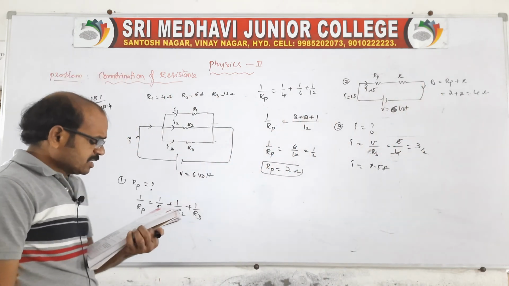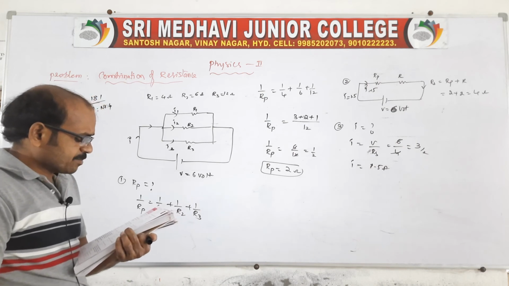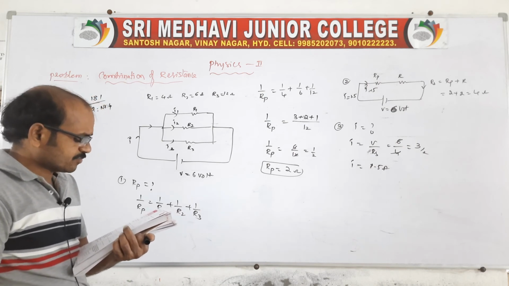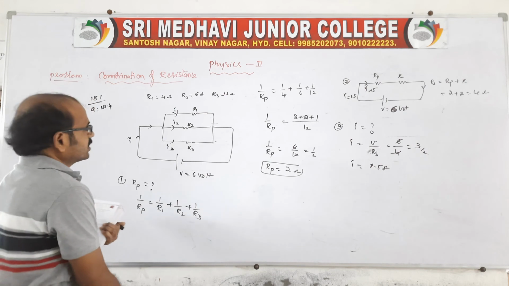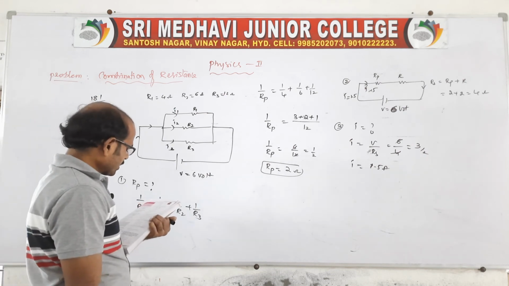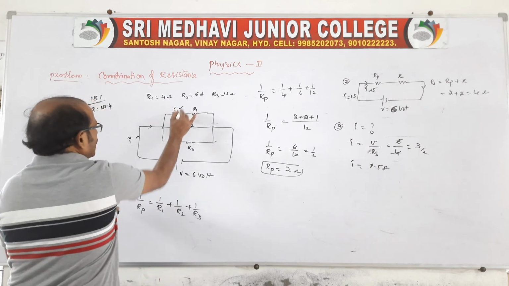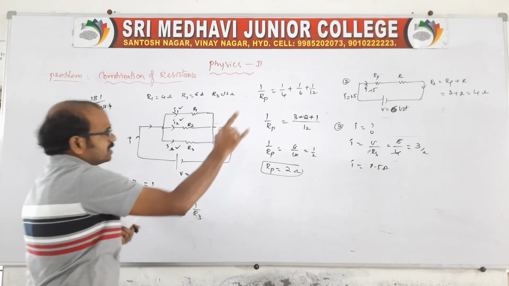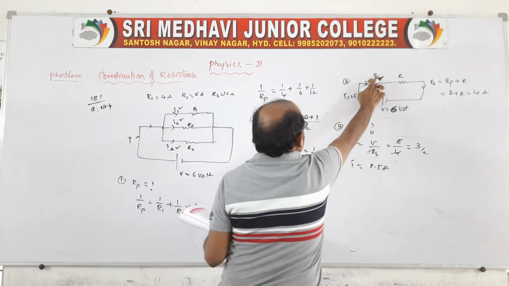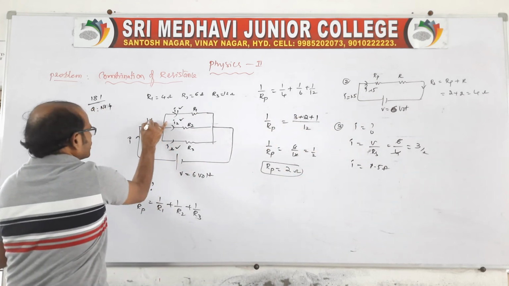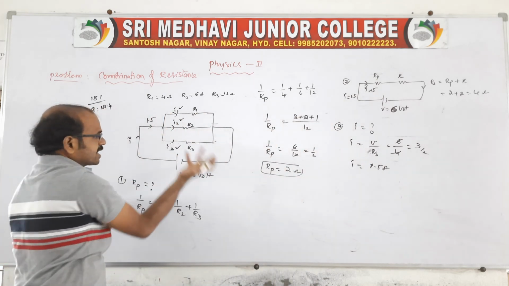Now it is asking for the current in the resistors connected in parallel. So in that parallel combination we need to find I1, I2 and I3, which we don't know. But the current entering the parallel combination is 1.5, and this is divided into 3 parts.